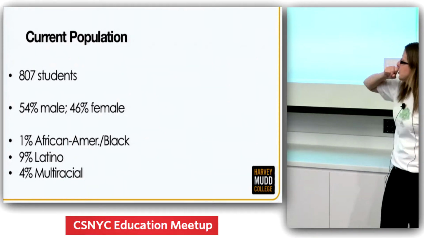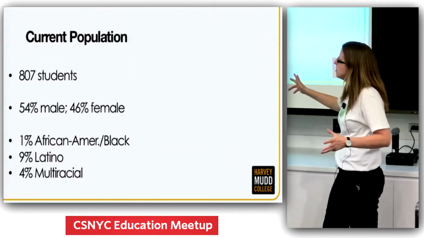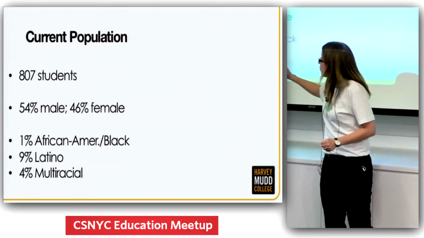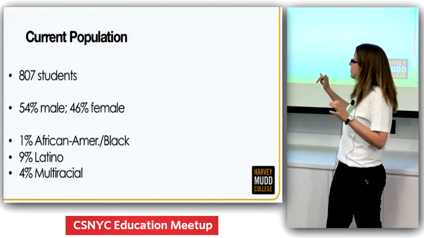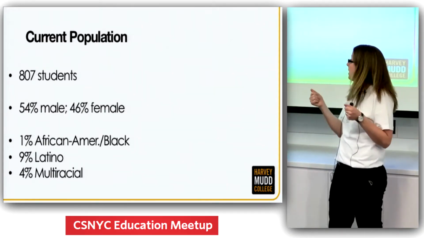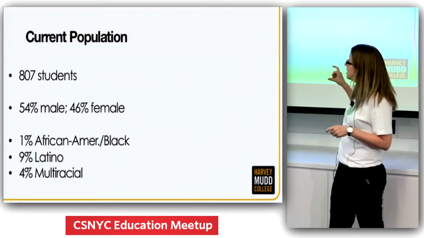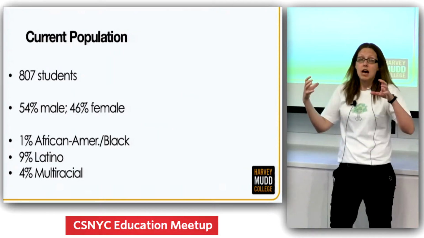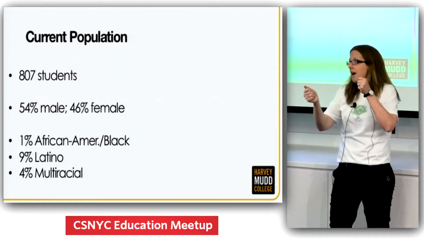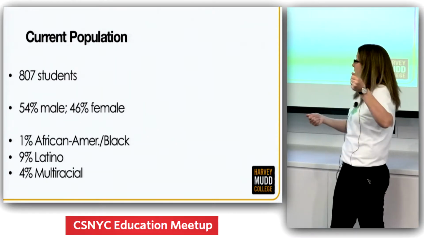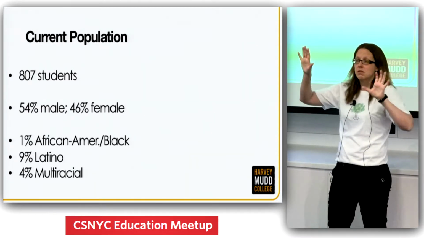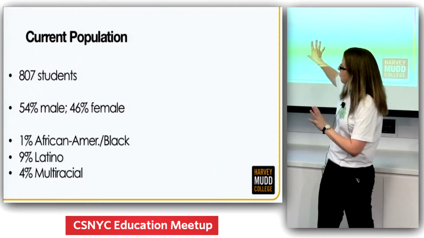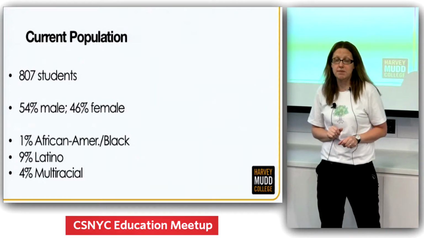We've got 800 students, and our current population is 4% multiracial, 1% African American or Black, 9% Latino. The multiracial group includes students who identify one of their races as African American or Black, so they're not counted in the African American or Black figure, only in multiracial.